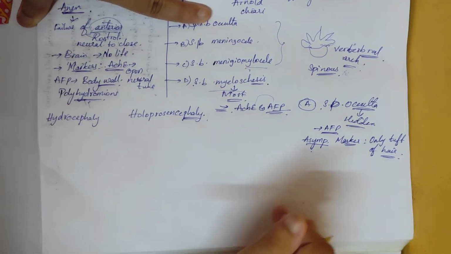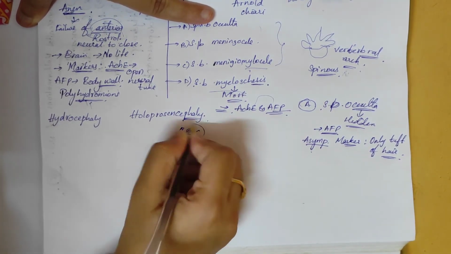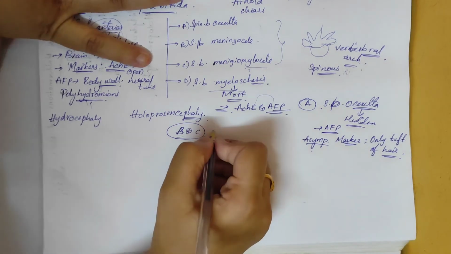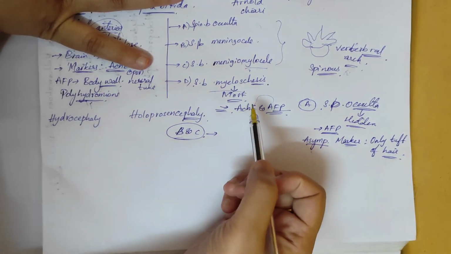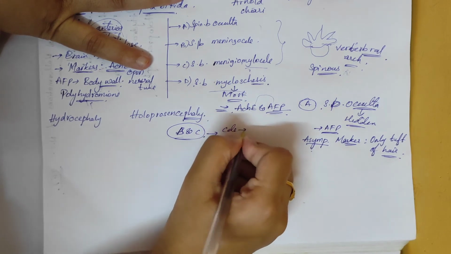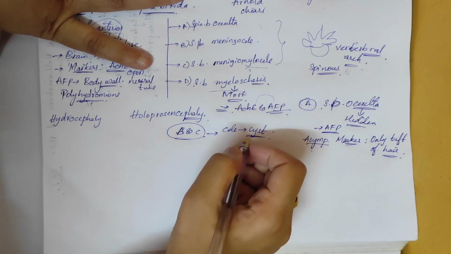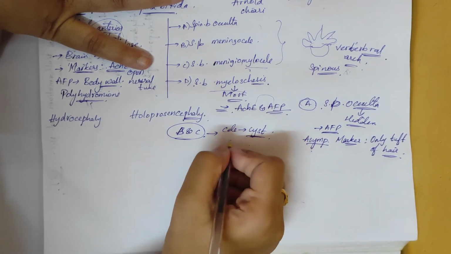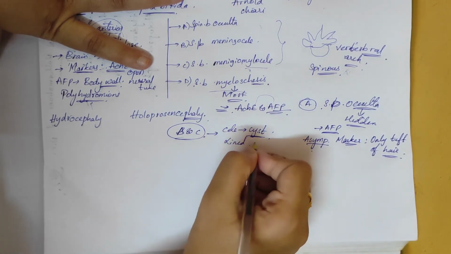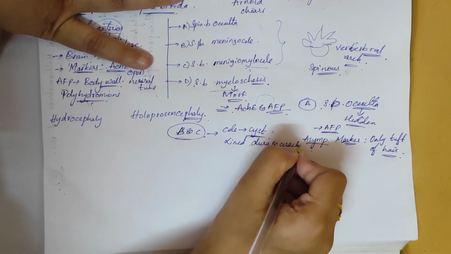And next, coming to B and C. B and C have something in common, that is meningocele and meningomyelocele. Cele is nothing but cyst. What happens here? The cyst protrudes through the defect, which is lined by dura and arachnoid.